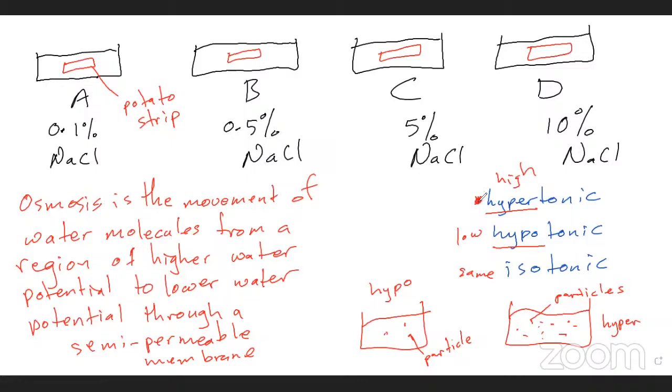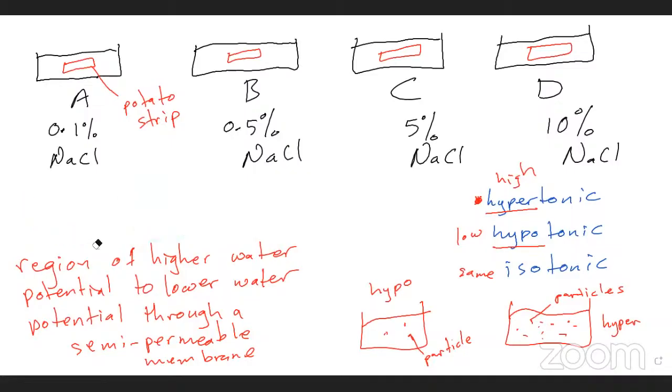But to correct the person that said hypertonic: hypertonic means concentrated. Now, in terms of water potential, we take the highest water potential as 0. So pure water has a water potential of 0.